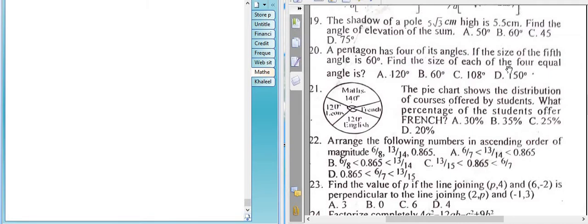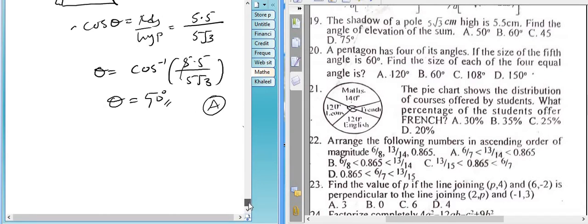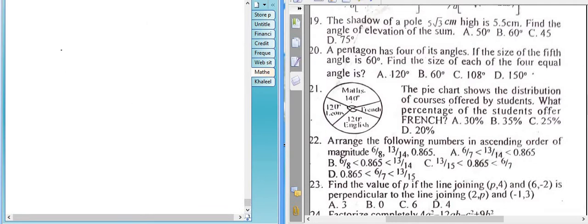So you know that the sum of angles in a polygon is given by the formula n minus 1 times 180, and we know that our n is equal to 5.